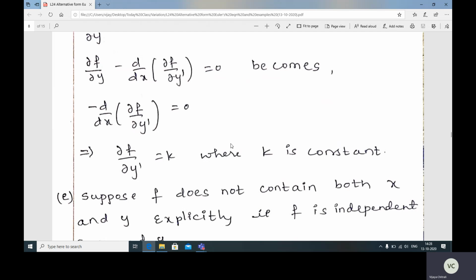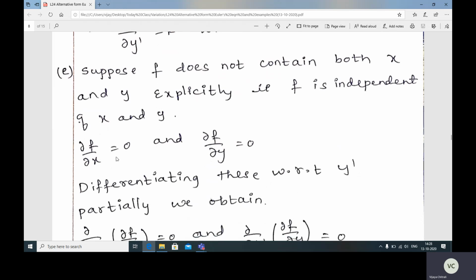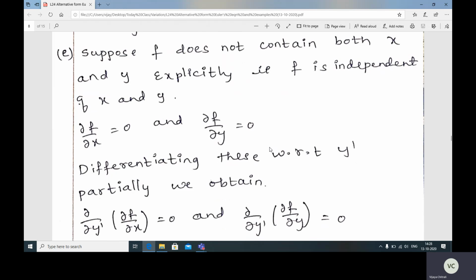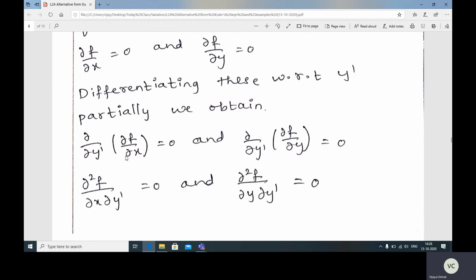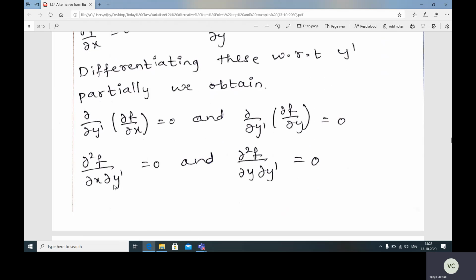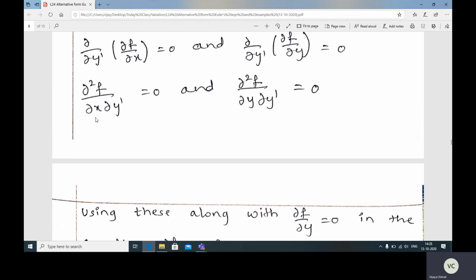Now suppose f does not contain both x and y. So obviously ∂f/∂x is equal to 0 and ∂f/∂y is equal to 0. Differentiate these two partially with respect to y'. So ∂/∂y' of ∂f/∂x is equal to 0, and ∂/∂y' of ∂f/∂y is equal to 0. So we'll get ∂²f/∂x∂y' is equal to 0, and ∂²f/∂y∂y' is equal to 0.